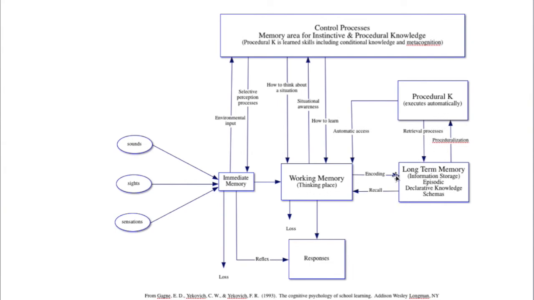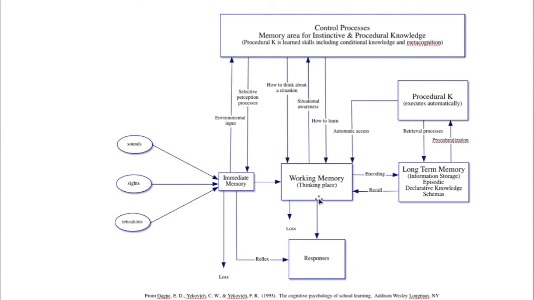So the circuit would look more like this involving working memory, because an important thing to remember that I haven't mentioned yet is that working memory is actually the place where information gets encoded into long-term memory. The encoding has to happen in working memory.